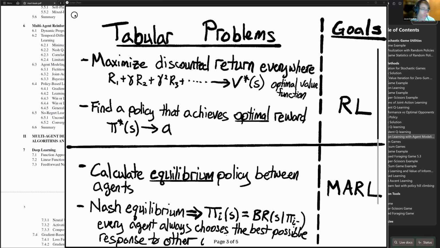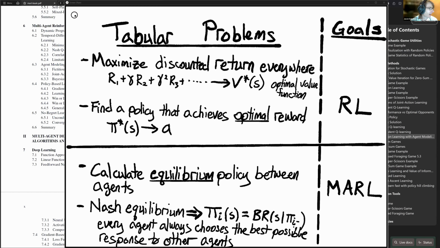So in ordinary reinforcement learning, the goal is to maximize the discounted return everywhere. The discounted return is what an agent going through the environment gets from the reward values as these transitions occur. We're looking at the long-term reward, over an infinite time horizon in general, or until the environment terminates in some way.